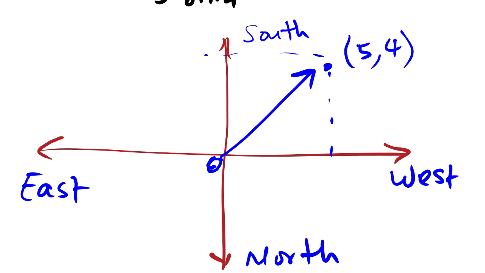If you want to define the displacement of this object, you will define it with the direction of the motion. What is the direction? It is southwest. You must indicate the direction of the motion.